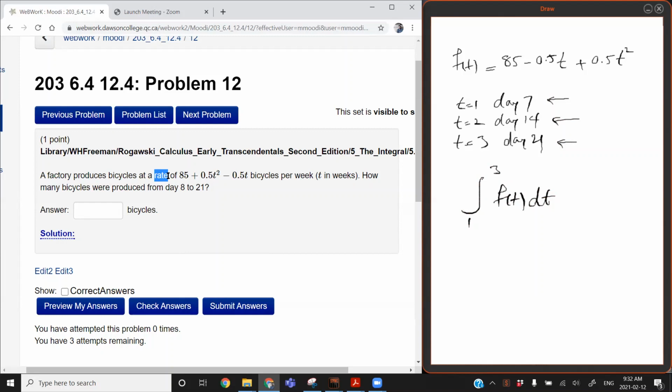And this should be easy because this is a polynomial. It's very easy to find the antiderivative. It's going to be 85t minus 0.5 over 2 t squared plus 0.5 over 3 t cubed. And then I have to calculate the value of this function from 1 to 3.